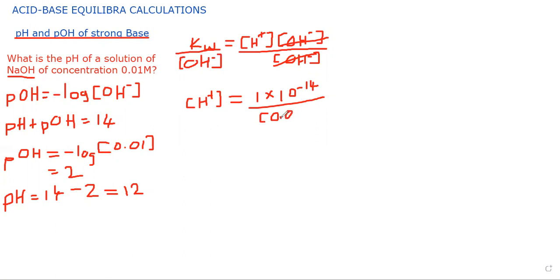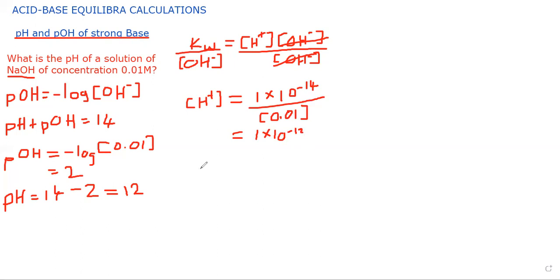So the concentration of the base is the concentration of the hydroxide ion. And when you work out this, you should get 1 times 10 to the minus 12. So that is your hydrogen ion concentration.